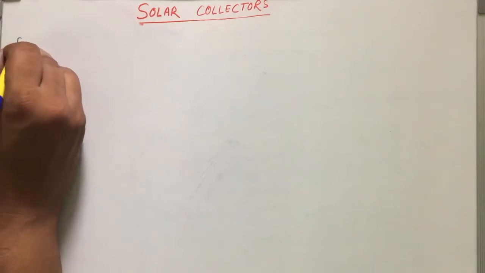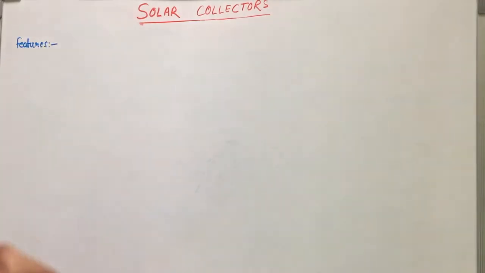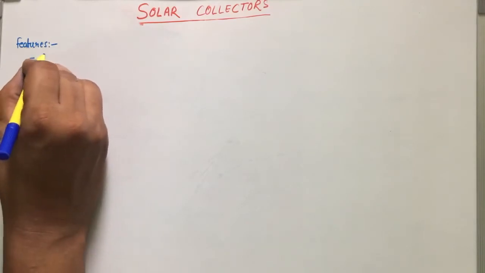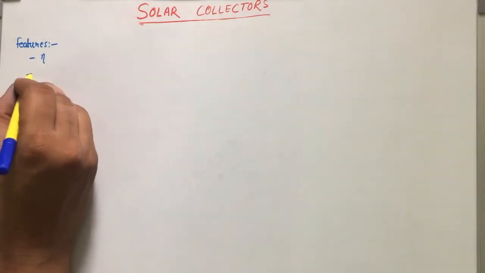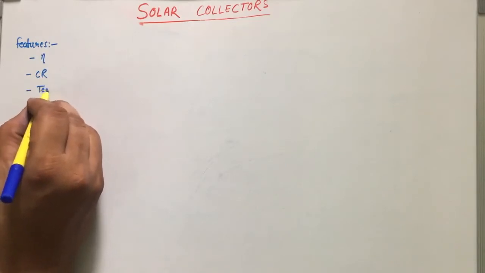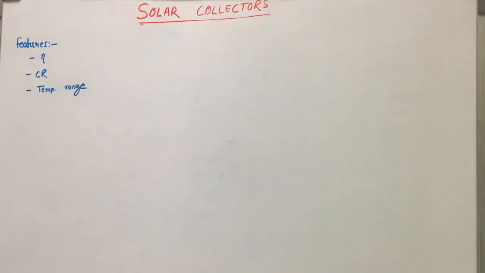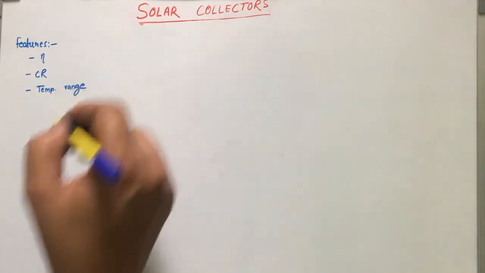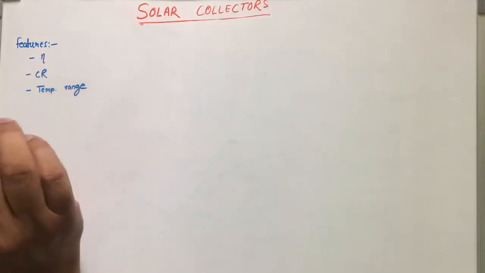The first features include the collector efficiency, the concentration ratio and temperature range. The performance of different solar collectors can be evaluated on the basis of these important features.